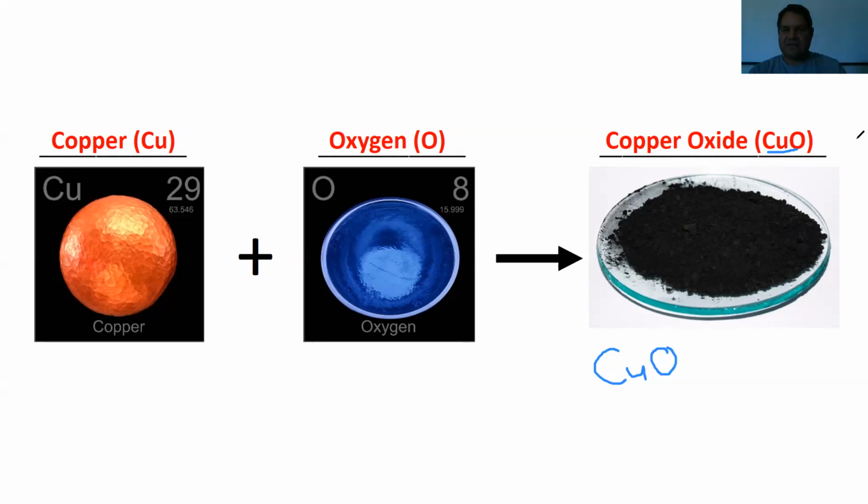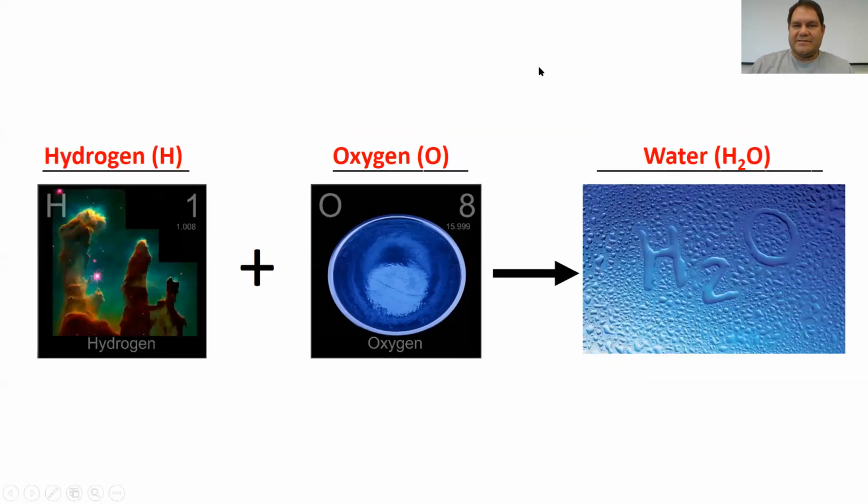All right, so let's take a look at some other examples here of compounds. Right, so here what we're going to do is take the element hydrogen, and we are going to combine it with the element oxygen, and in doing so we create water.